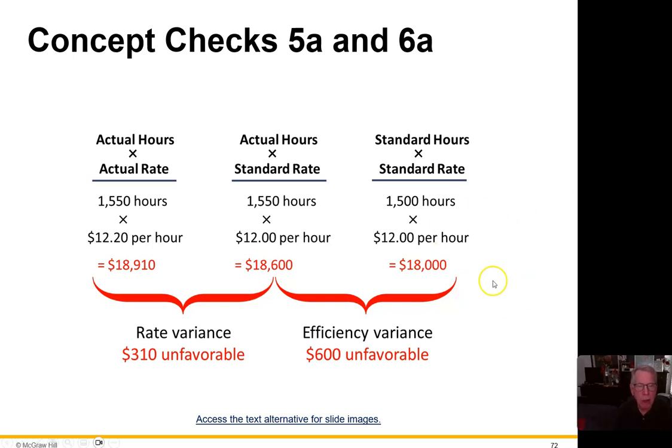And that gives us 18,000. So if I compare that, my rate variance is unfavorable, my efficiency variance is unfavorable, as we calculated in the prior two slides.